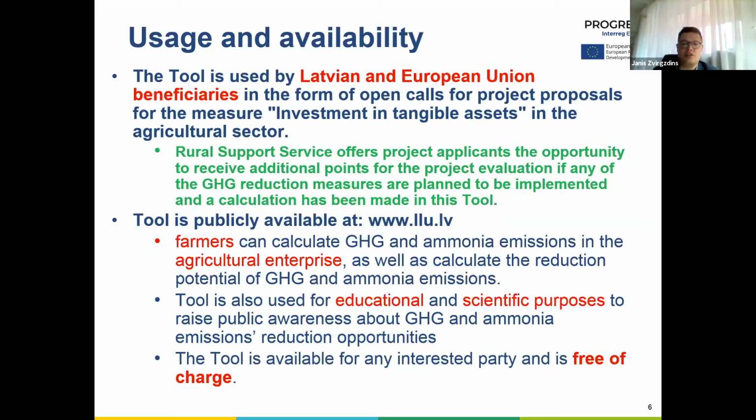Also, this tool is used for educational and scientific purposes to raise the public awareness about the greenhouse gas and ammonia emissions reduction opportunities. And tool is available for any interested party, so also for you, and it is free of charge.